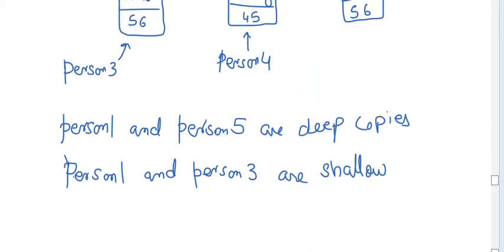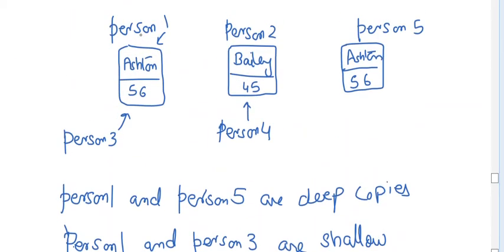Now, if I change the name of person 1 or use the person 3 reference, they both will be making the change in the same location. But if I change the name of person 5, although they are similar in the beginning, I can change it and they would not be related to each other, the change will not be reflected.